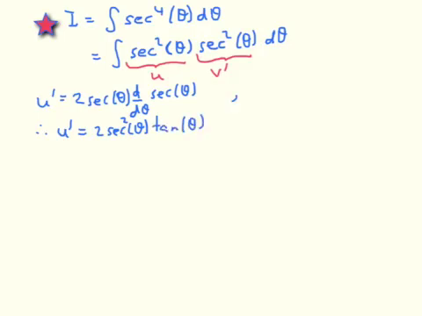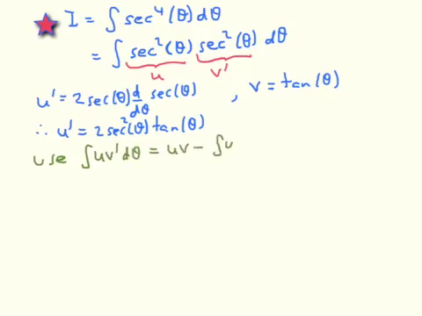And similarly, v is the integral of sec squared theta, and that's very easy. The integral of sec squared theta is the tangent of theta. It's a standard result we should all know. So we're now going to use the integration by parts formula. So we use that the integral of u v prime is u v minus the integral of u prime v.